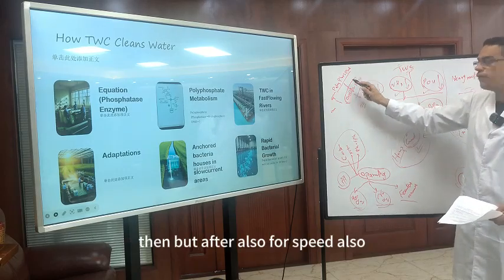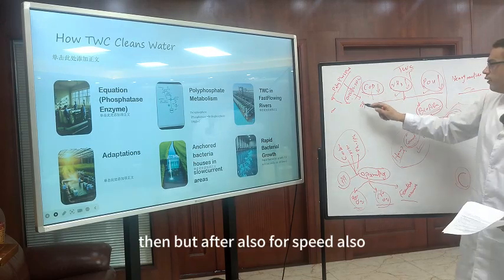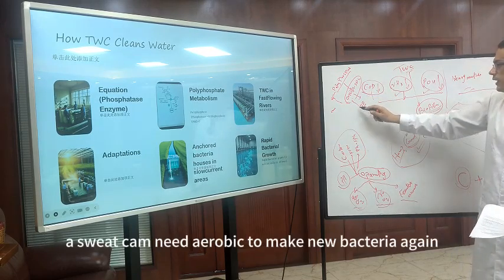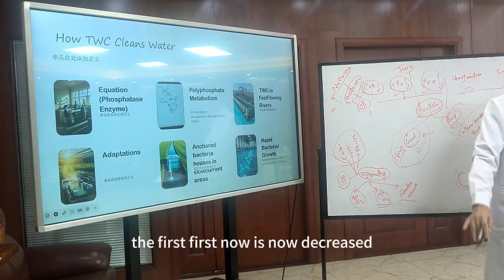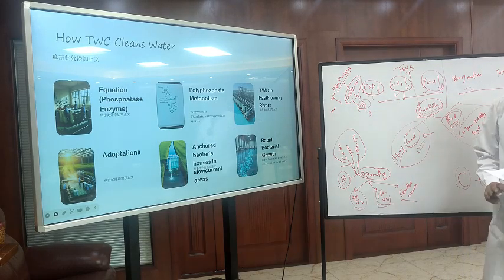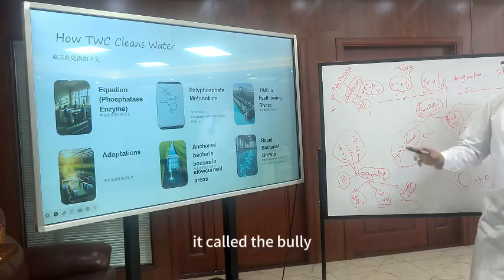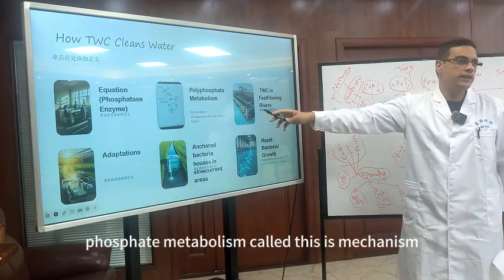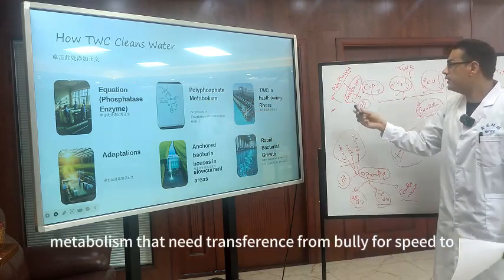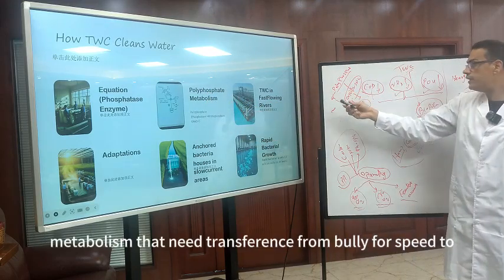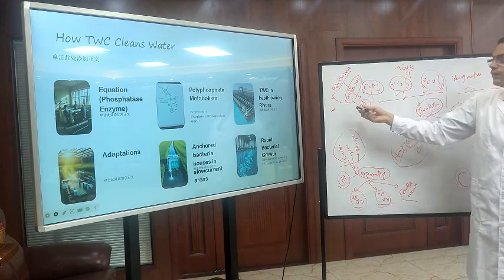Then after orthophosphate, need aerobic to make new bacteria again, new cells. So the phosphorus is now decreased. This mechanism is called polyphosphate metabolism, that need transfer from polyphosphate to orthophosphate.